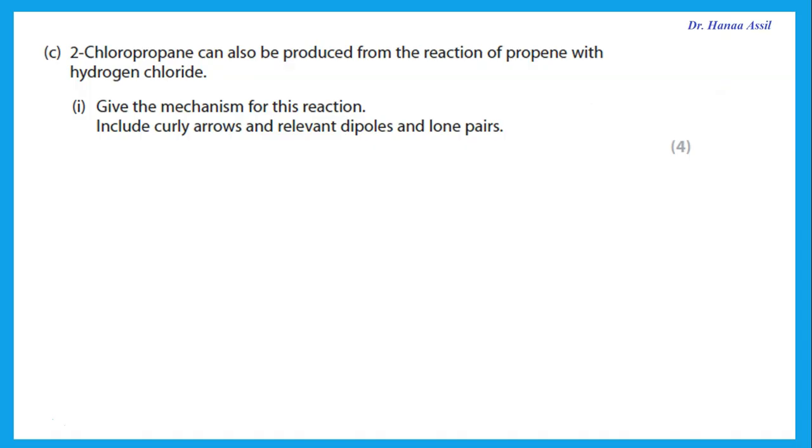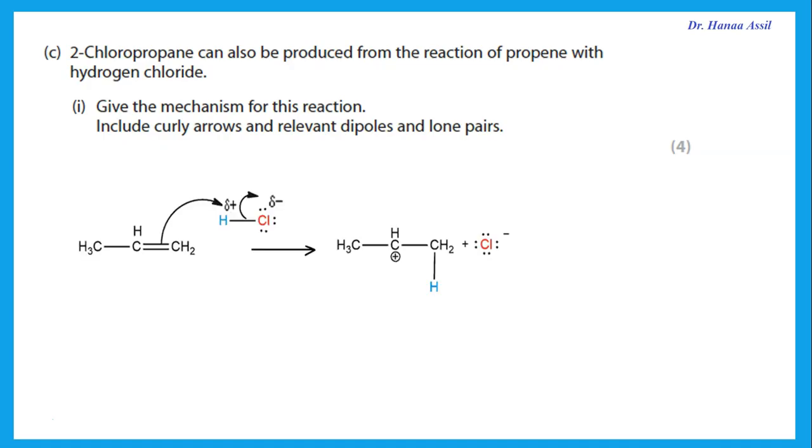2-chloropropane can also be produced from the reaction of propene with hydrogen chloride. Give the mechanism. So we're reacting an alkene with hydrogen chloride. Remember that this is an electrophilic addition, in which the first step is that the double bond attacks the slightly positive end of the HCl.